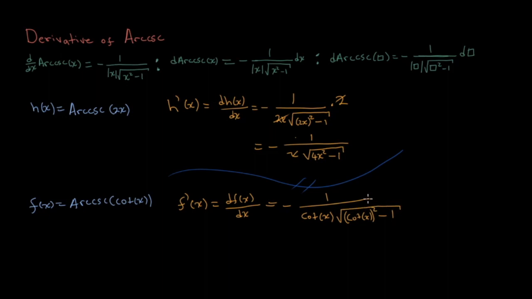And then we'll multiply this by the derivative of cotangent x.